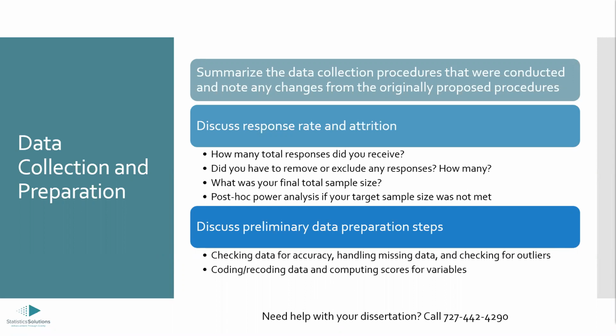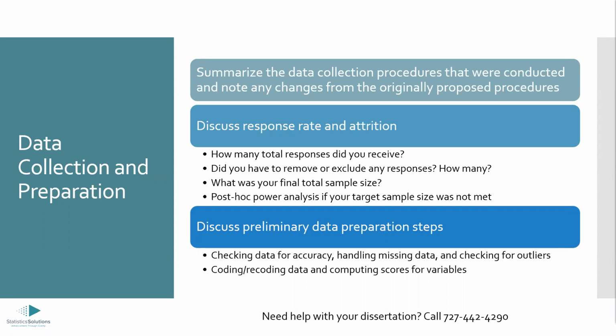Then after you talk about those data collection procedures and the result of your data collection, you'll want to discuss the preliminary steps that you take to prepare the data. So this can involve checking the data for accuracy, handling missing responses, and checking for outliers.